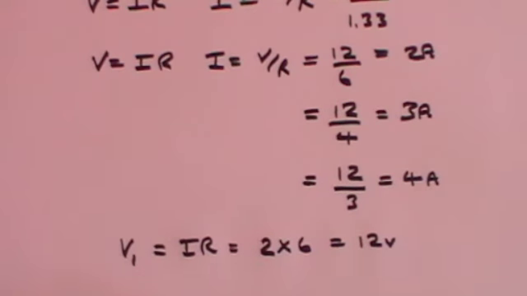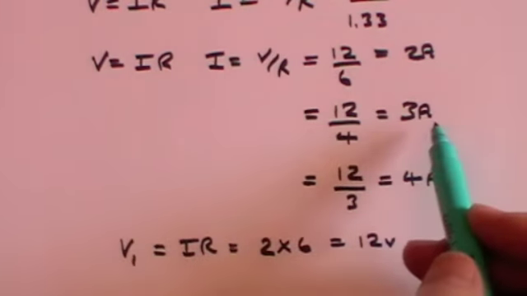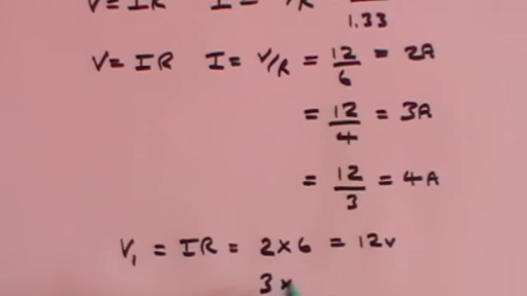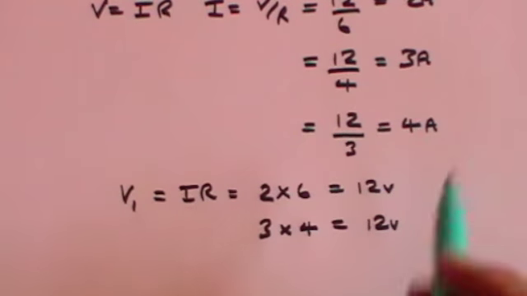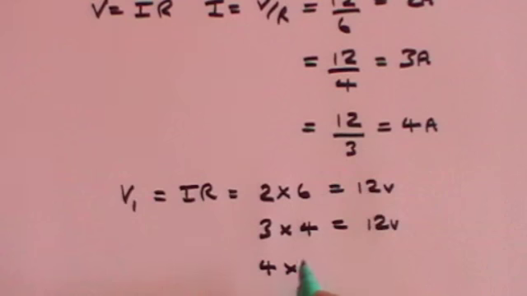In the case of the second resistor, that was 3 amps times a 4 ohm resistor, 3 fours are 12 volts. In the third case, we've got a current of 4 times a resistance of 3, 12 volts. So whichever way you do it, you get that when things are in parallel, the whole voltage is across each component.